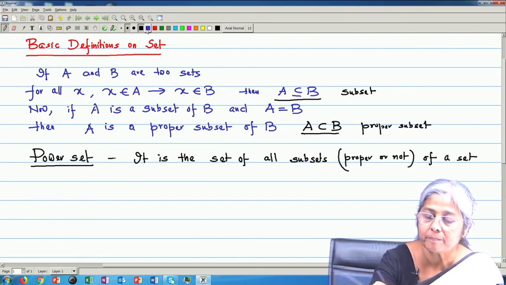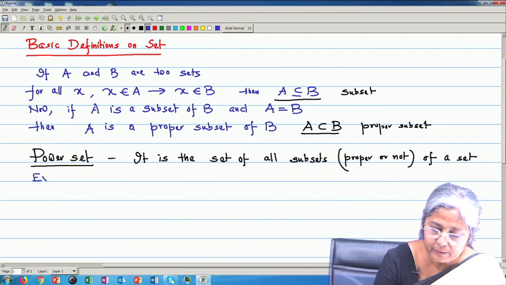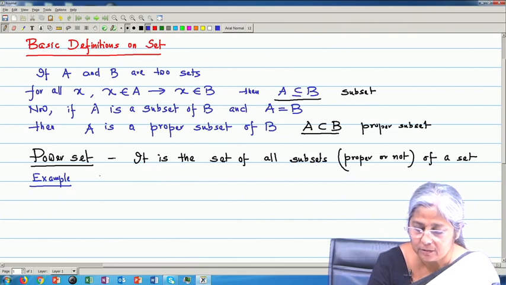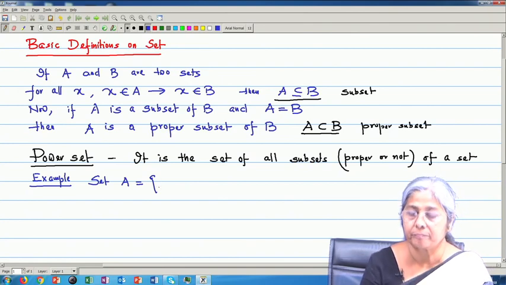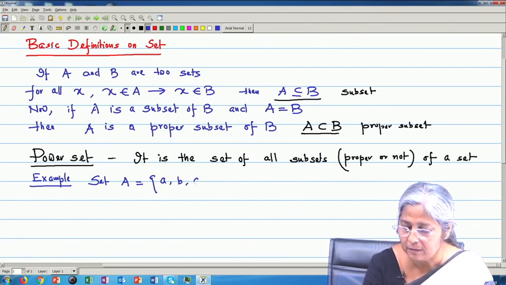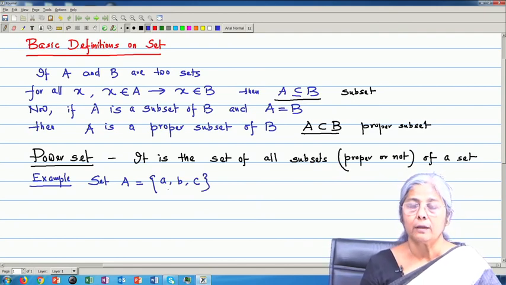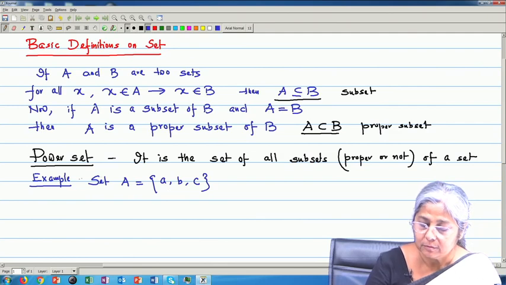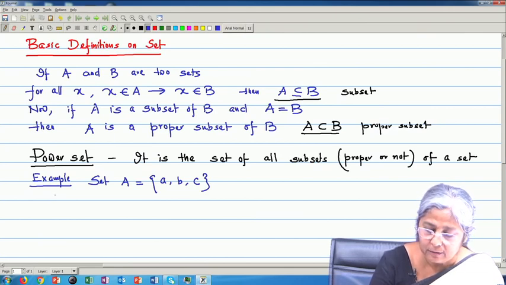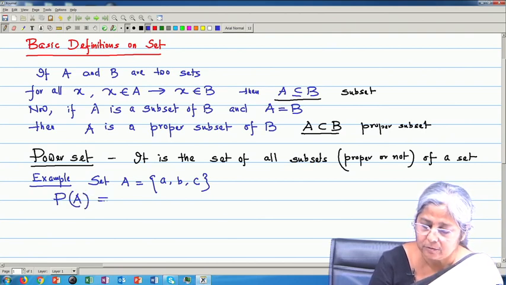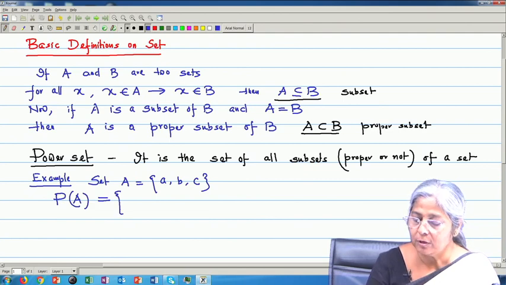We see one example. Consider one set A which has 3 elements, say A, B, C. Now, we define the power set of A, and normally we denote it as P of A. It is the set of all subsets.